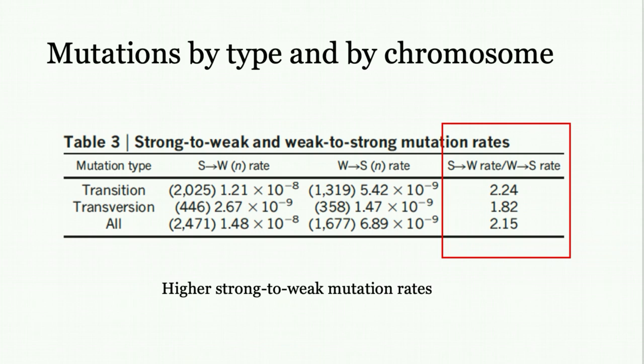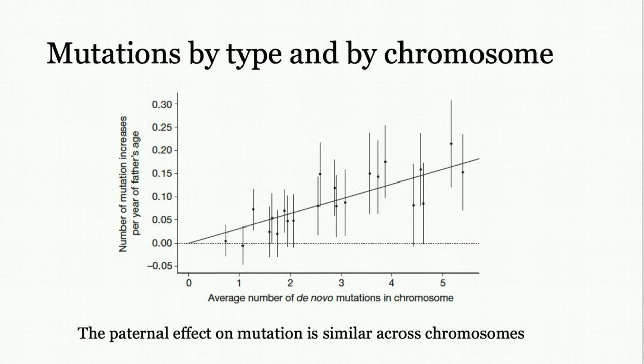And then the last slide I want to talk about is this figure, when you look at different chromosomes. What this figure is trying to look at is that we know that paternal age has an impact on de novo mutation, but if you look at different chromosomes, is it in fact different across different chromosomes?